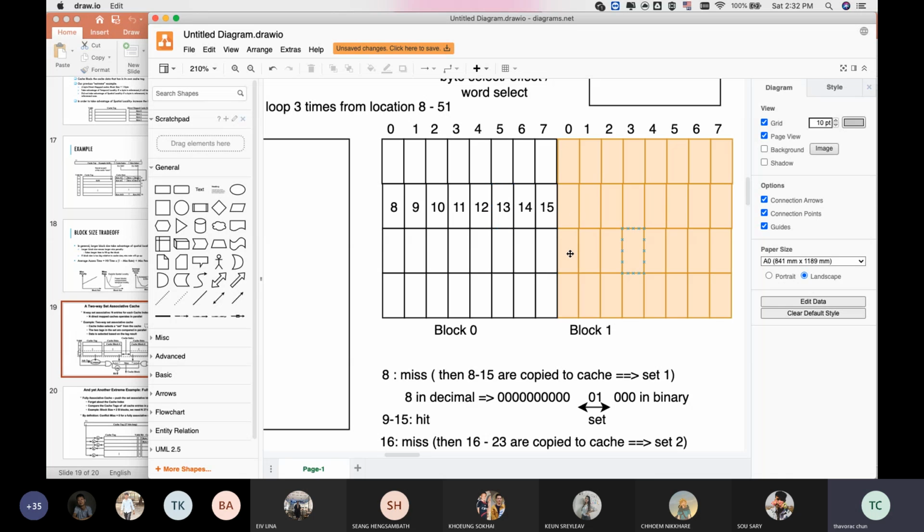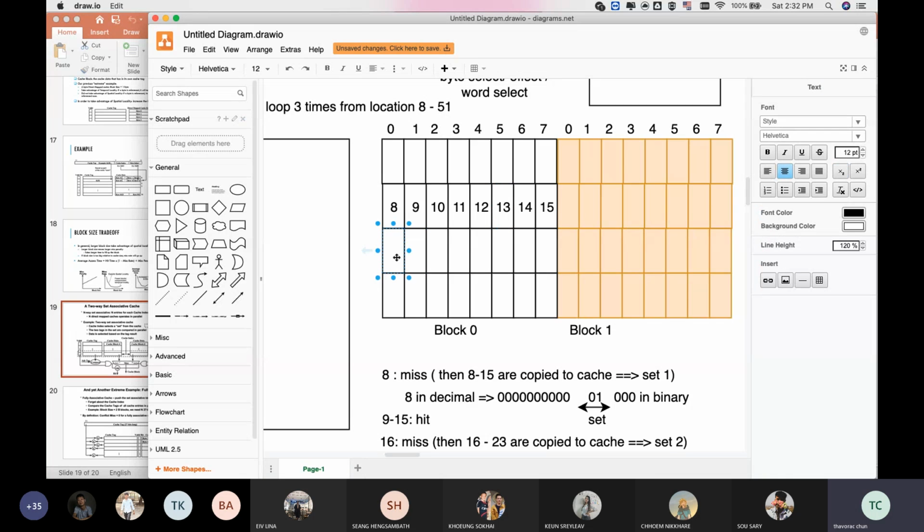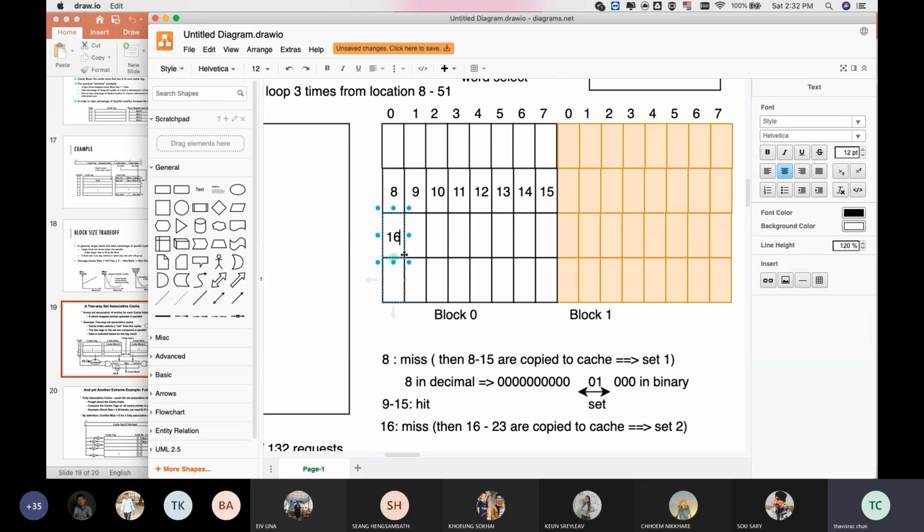So set number 2 is here, which means is the number 16 here, 17, 18, 19, 20, 21, 22, and 23.